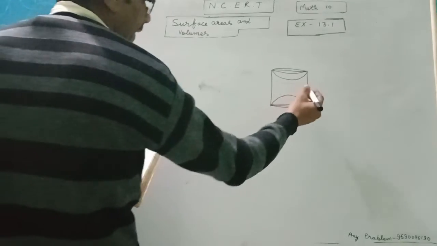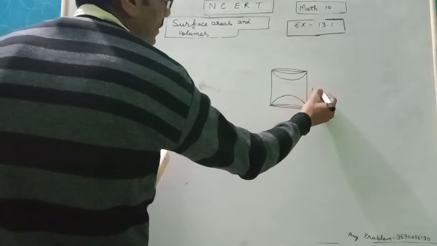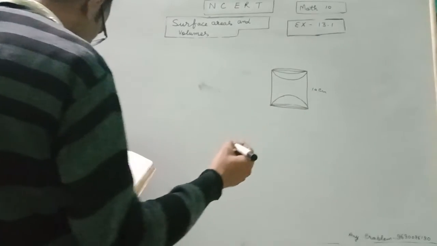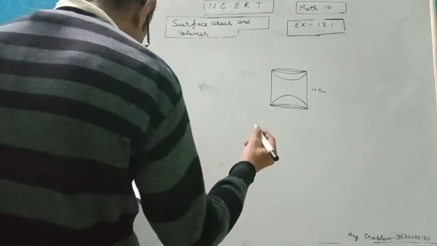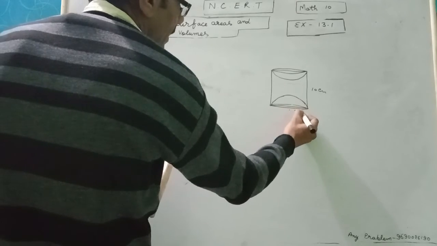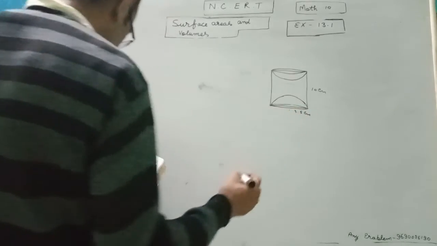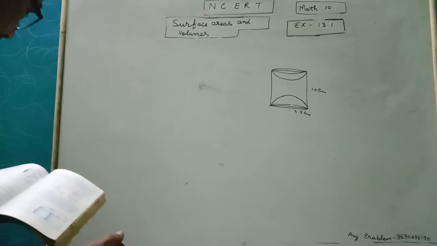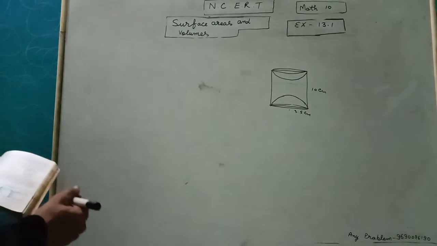Height of cylinder is 10 cm and radius is 3.5 cm. Find the TSA of the article.